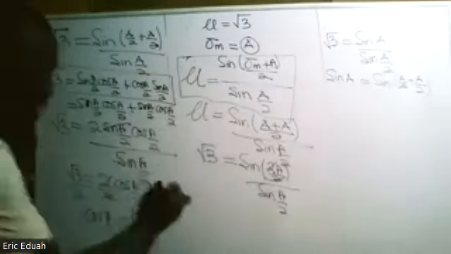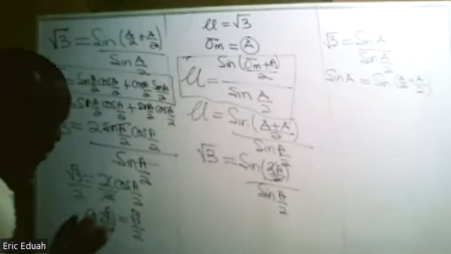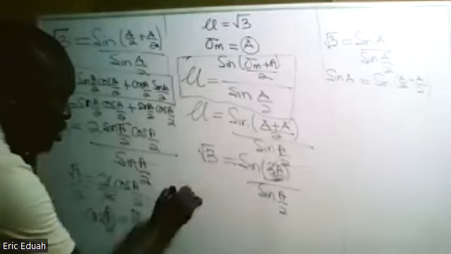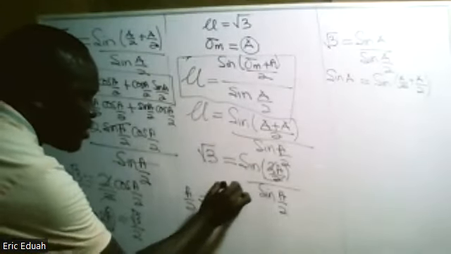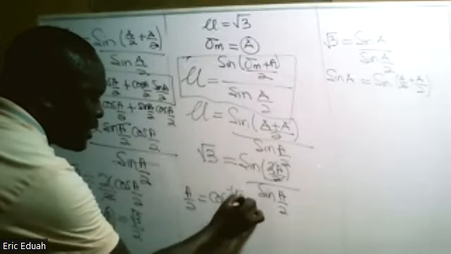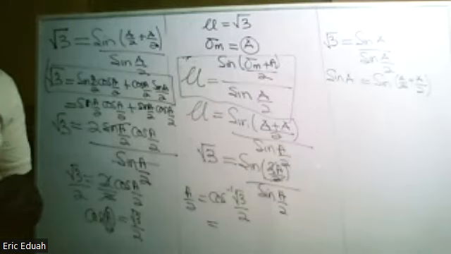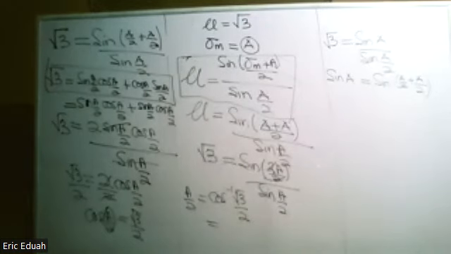The angle part, which is A on 2, would be equal to cos inverse of root of 3 on 2. Please, what is cos inverse of root of 3 on 2? Calculate that for me quickly. 30.